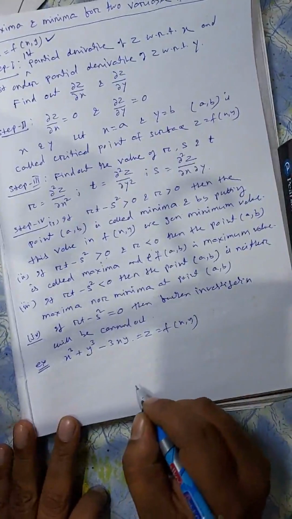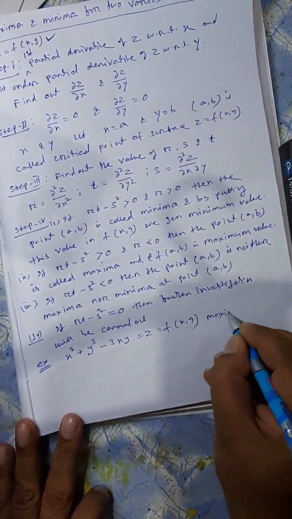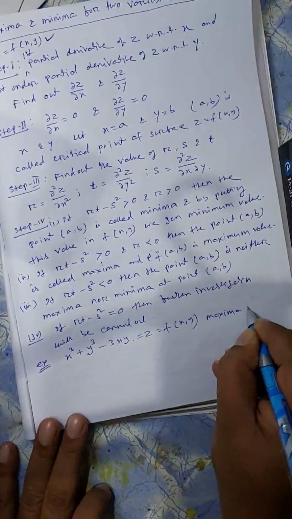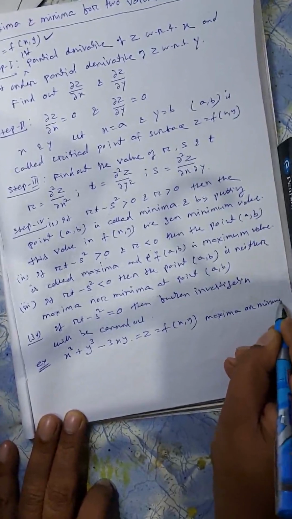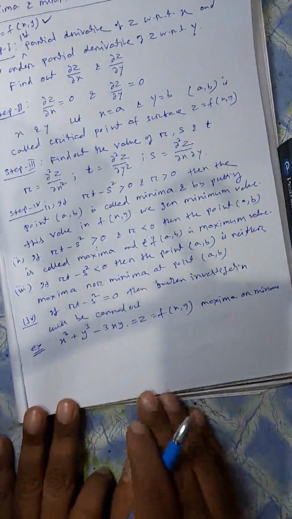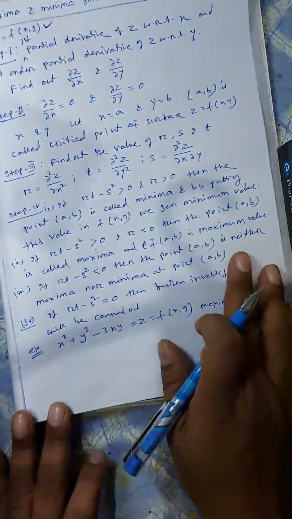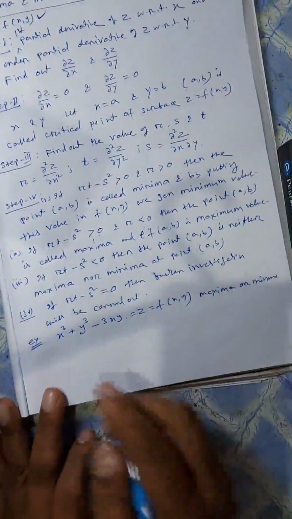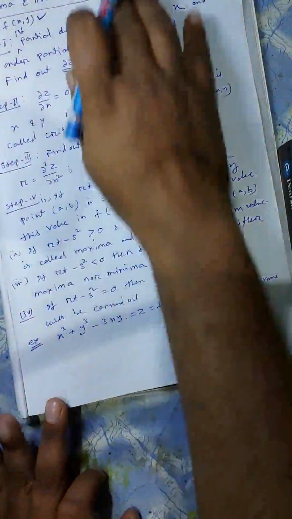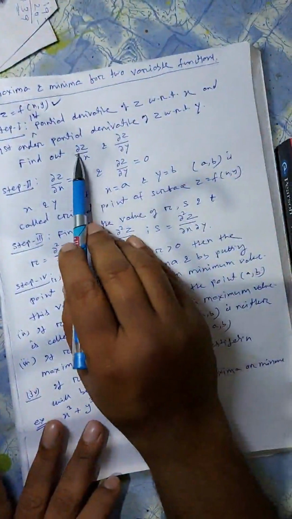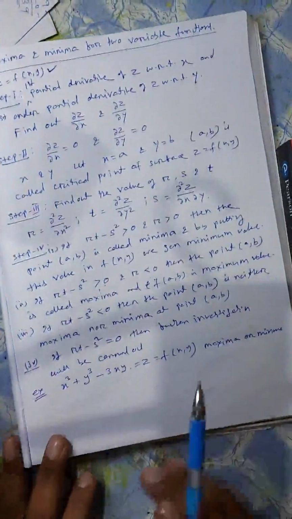We have to find the maxima and minima of this equation. Then my first condition is that we have to find out dou z by dou x and dou z by dou y.